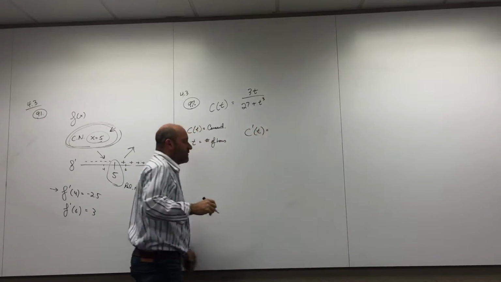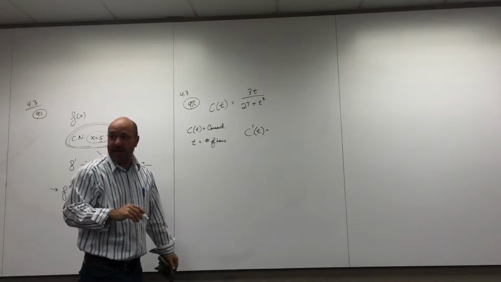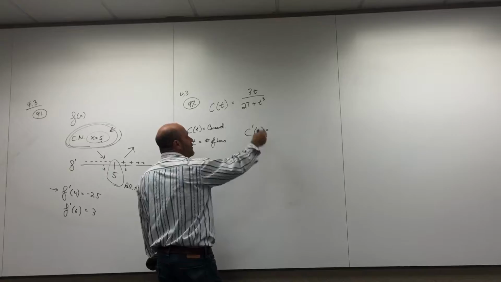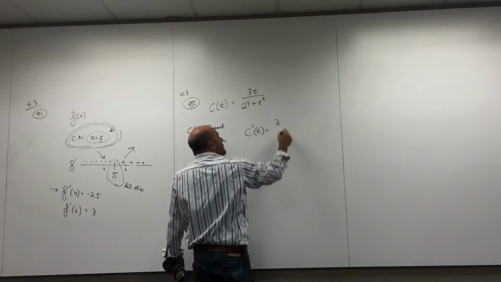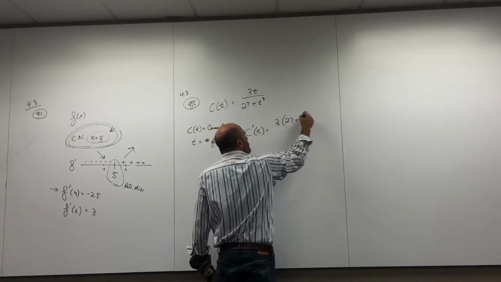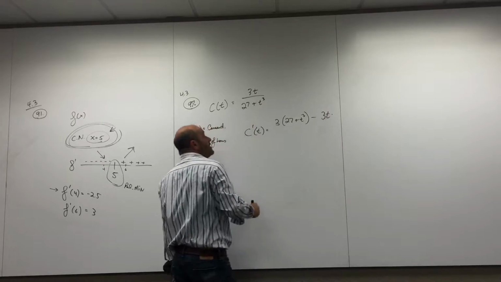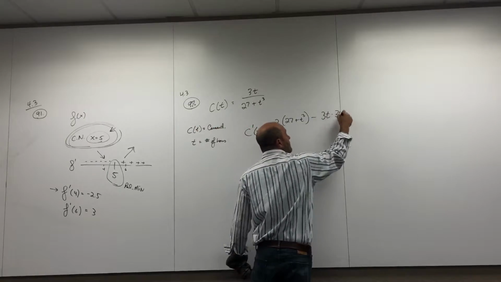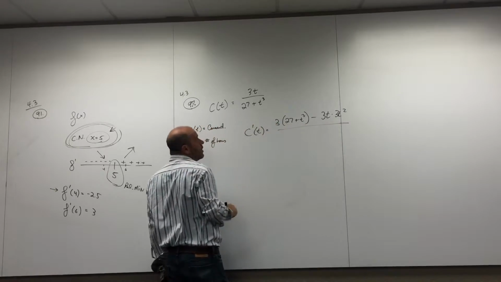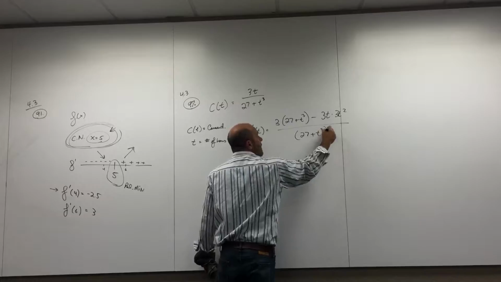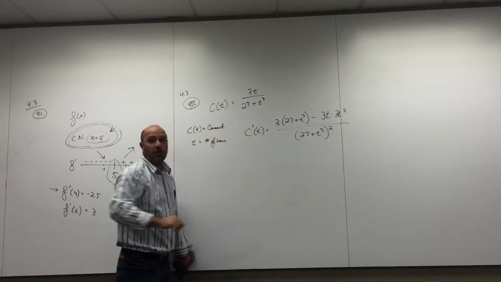I almost got sick of quotient rules the other day, but not quite yet. I still love them. The derivative of the top times the bottom minus write down the top and take the derivative of the bottom, 3t squared, all over the bottom squared. You know what I mean? A good old quotient rule.